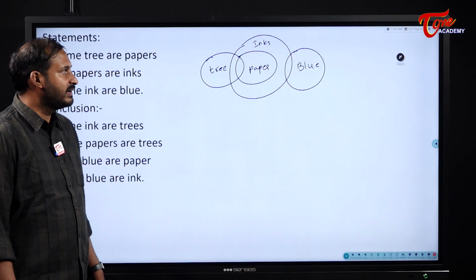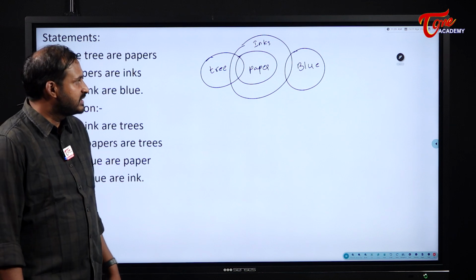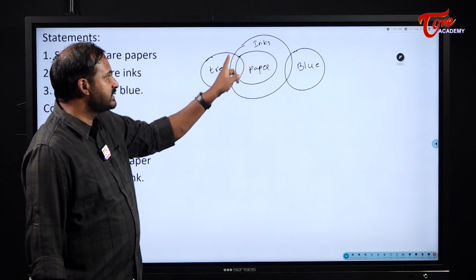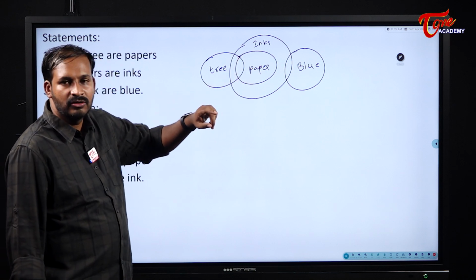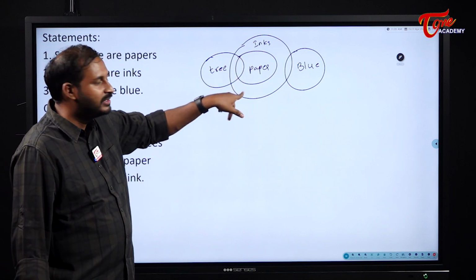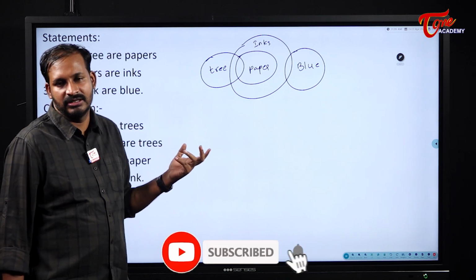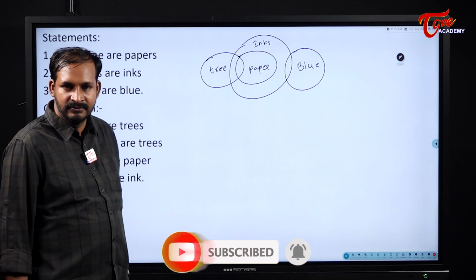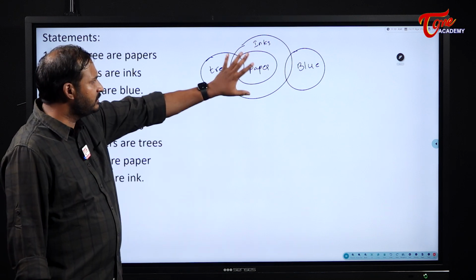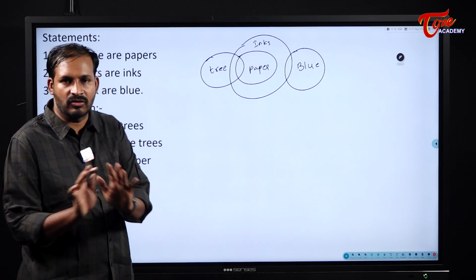This is the basic diagram with minimum intersection. See, I told you already, inks are why you are intersecting with the trees? Means if I draw on the paper also, exactly on the line, concentric with paper also, there is no use. Anyway, inks will intersect a tree. So, don't do that one. Directly draw inks and trees. There is no wrong in that.